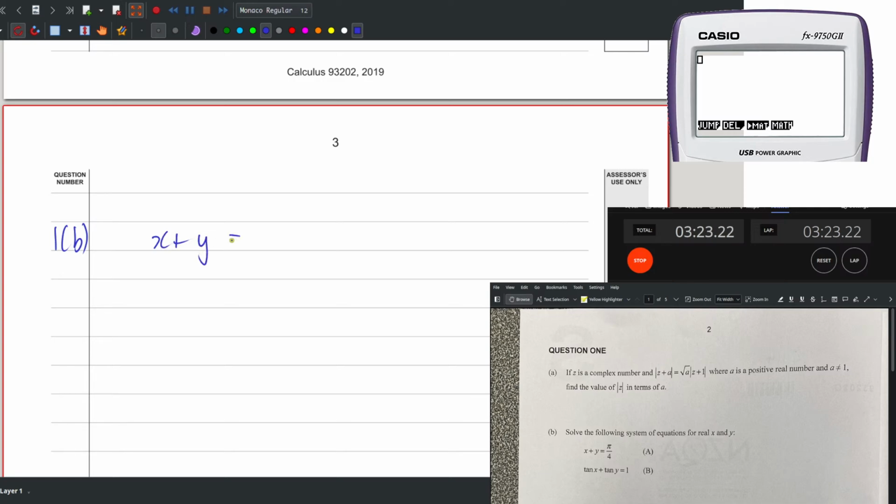x plus y equals pi on 4, tan x. Wait. Because this is like what, 90 degrees, right? Or is this 45 degrees? Pi on 4 is 45 degrees. Yeah, 45 degrees.